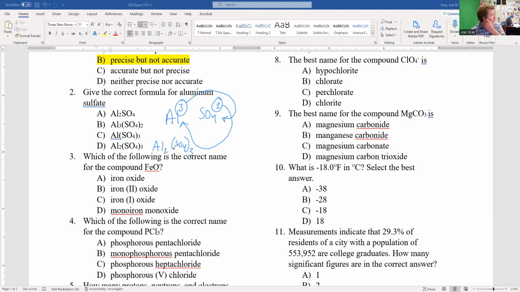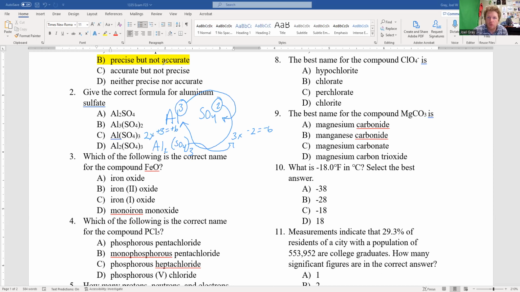If you think about it as charges, well, you have 2 times +3, which is +6, and then 3 times -2, which is -6. So that would give us our compound that is neutral. And so that would end up with D as the correct answer.